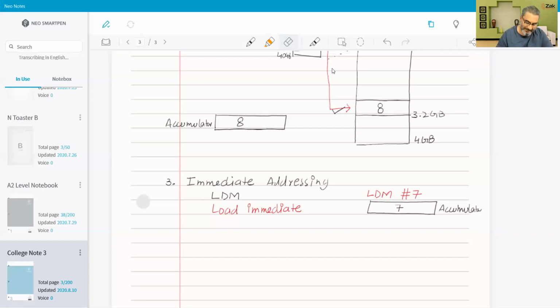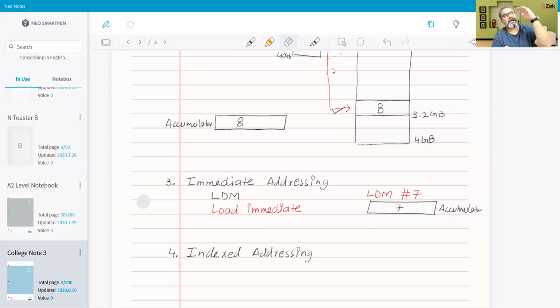Then we have got indexed addressing. Indexed addressing is used the way we use loops.